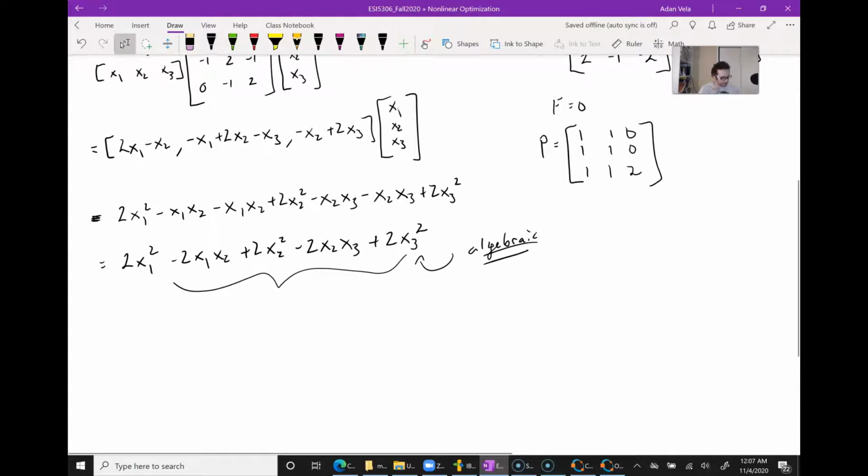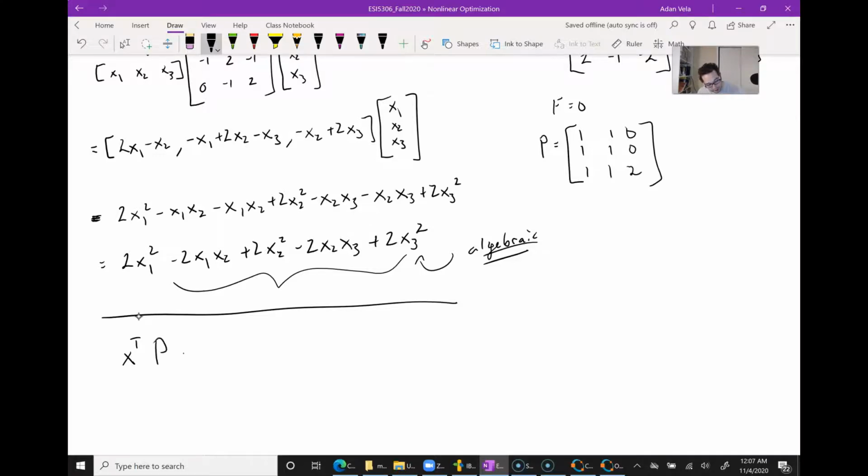Similarly, we can do the same sort of thing with the P matrix. We might want to calculate what x transpose P times x is equal to. If you do this, you end up with x1 squared plus 2x1 x2 plus x1 x3 plus x2 squared plus x2 x3 plus 2x3 squared.